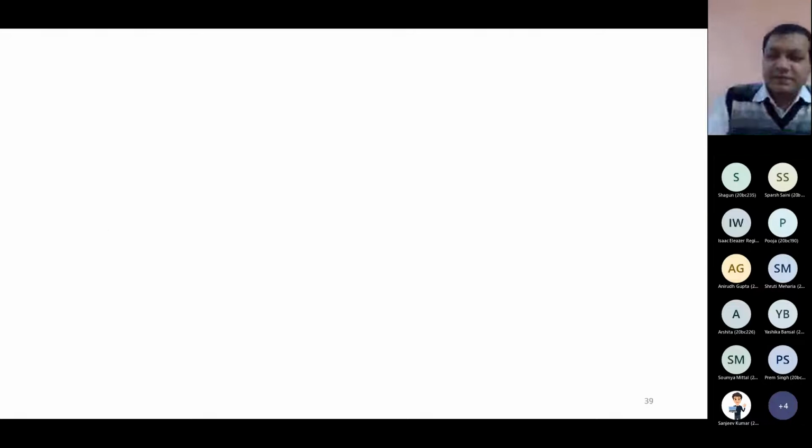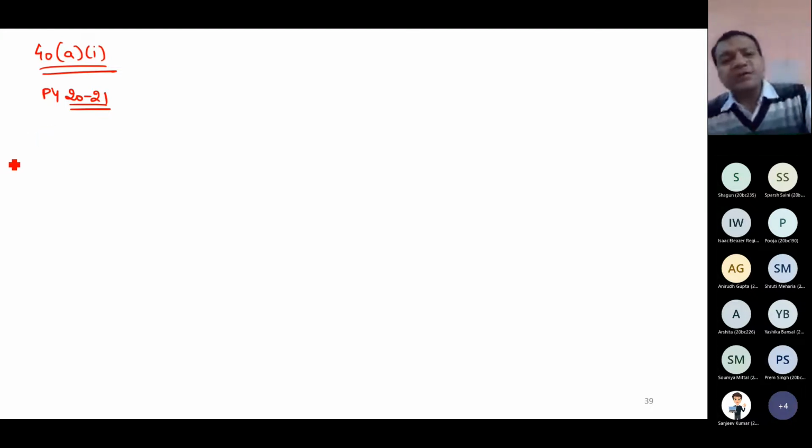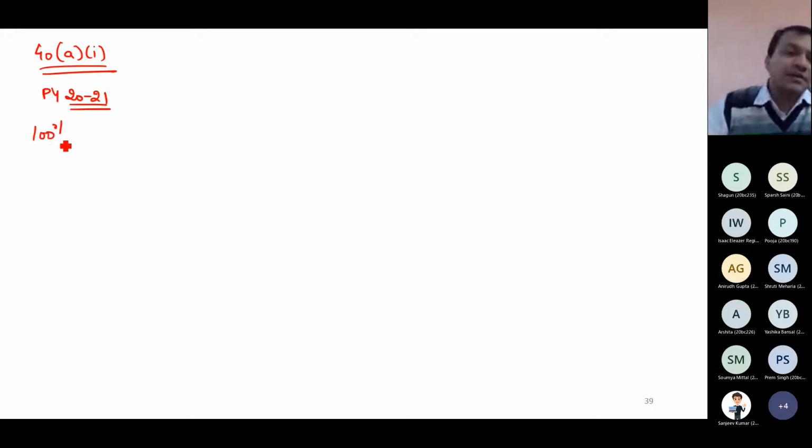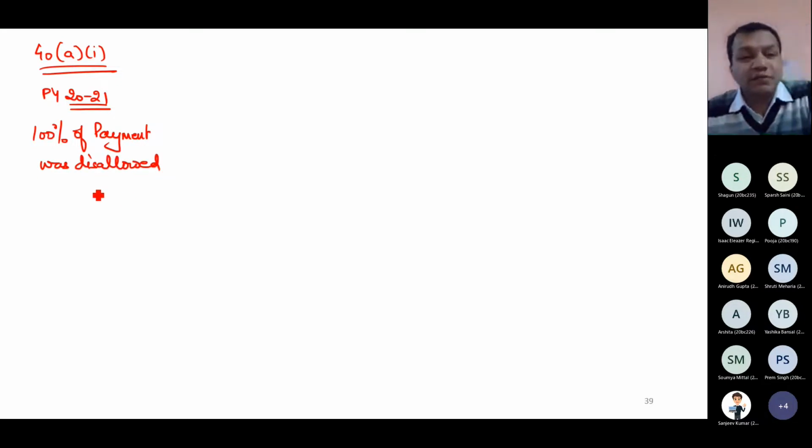The only difference is in 40A1, if the expenditure was related to the previous year 2021 and I didn't deposit the tax, 100% of the payment was disallowed. Disallowed means I cannot show the expenditure on the debit side of P&L account.